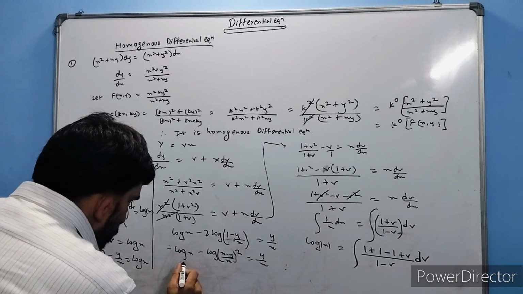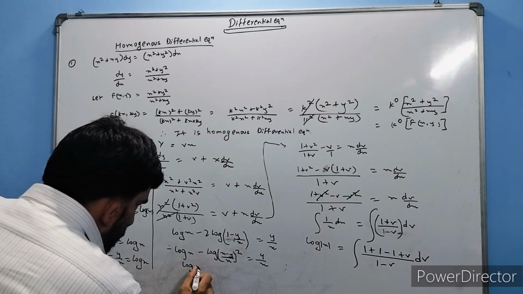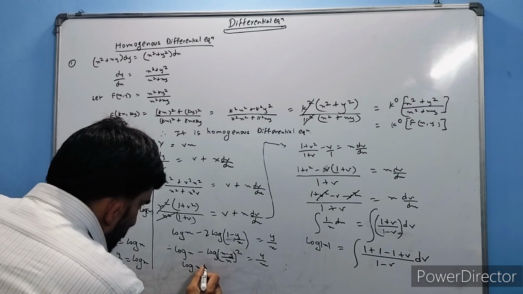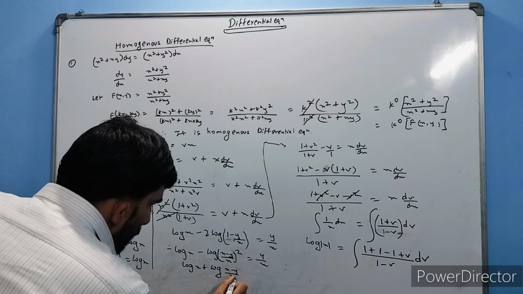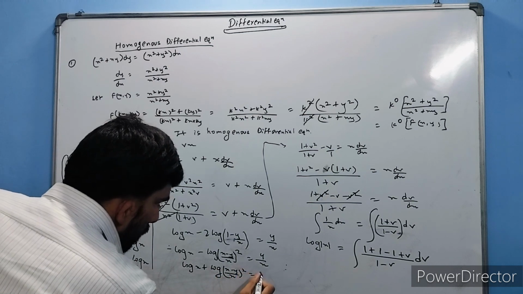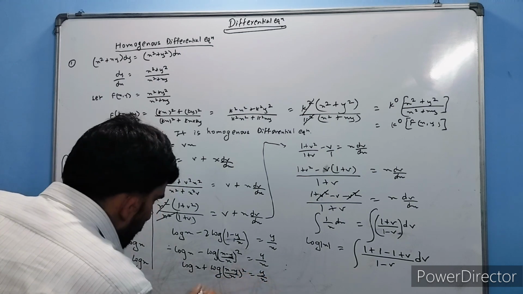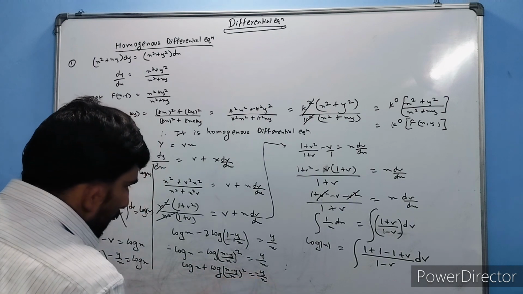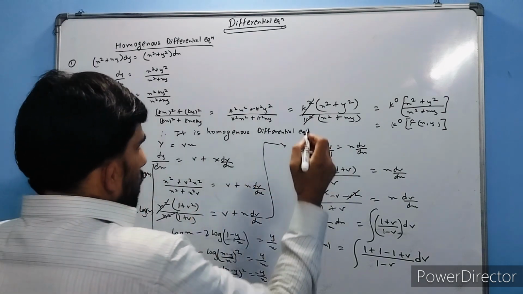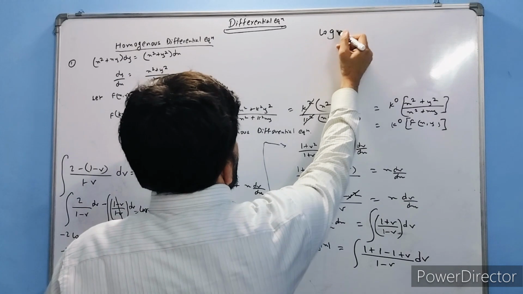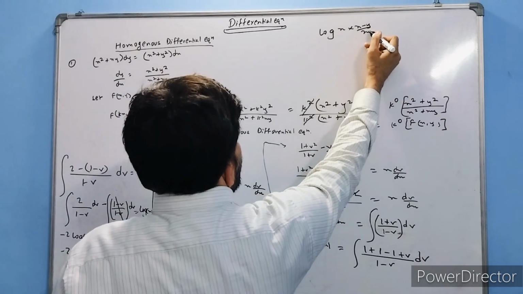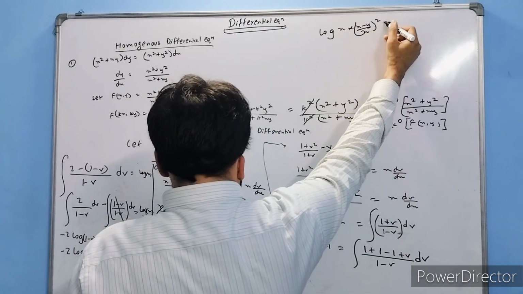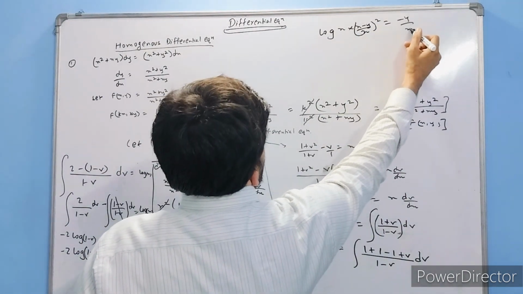Now I will take minus common, so log x plus log x minus y upon x whole square is equal to y upon x. We'll take the minus sign this side. So now I can say log x into x minus y upon x whole square is equal to minus y upon x.